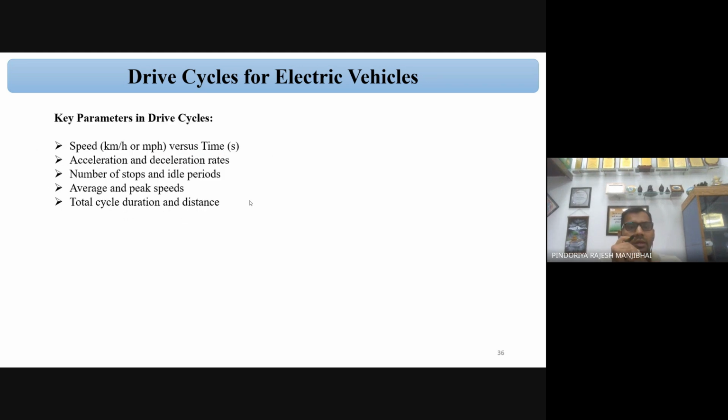Key parameters in the drive cycle: speed in kilometers per hour versus time, acceleration and deceleration rate, number of stops and idle periods, average and peak speed, and total cycle duration and distance. This type of parameter we can use in drive cycles.